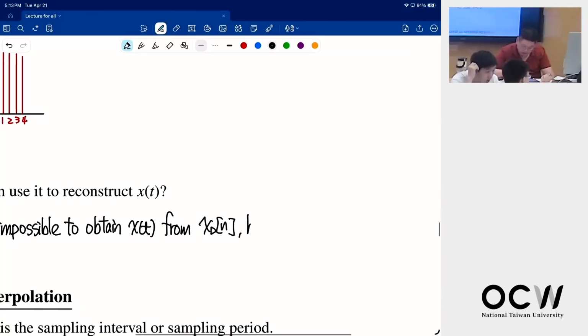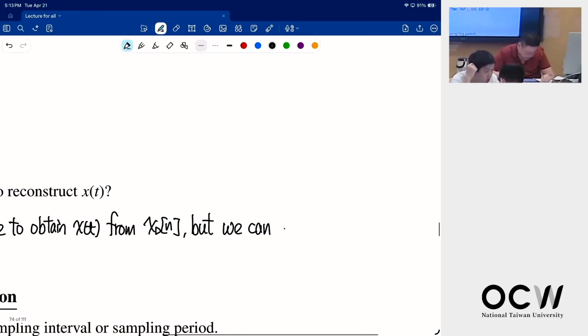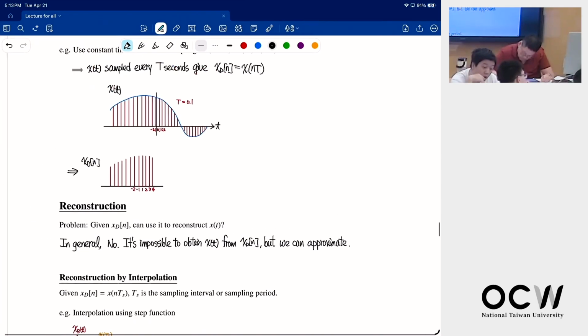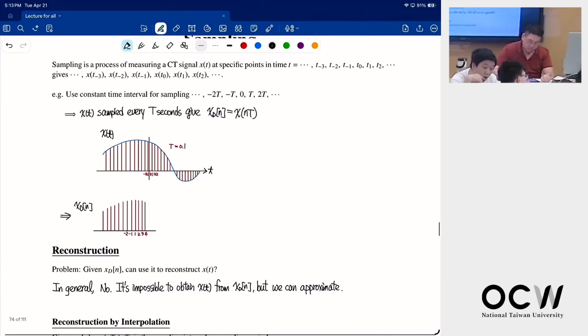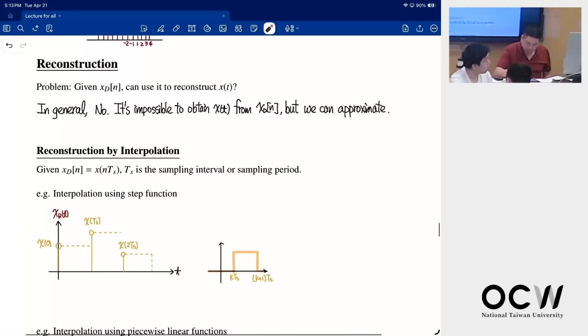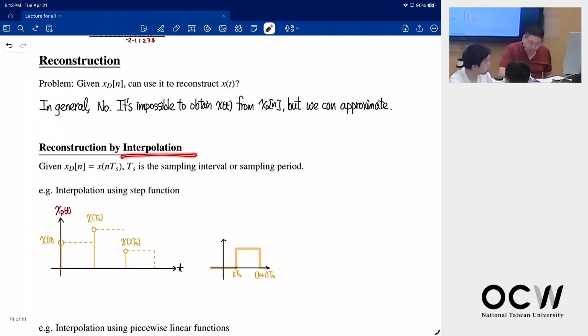But we can approximate. For example, we can do the reconstruction by interpolation.